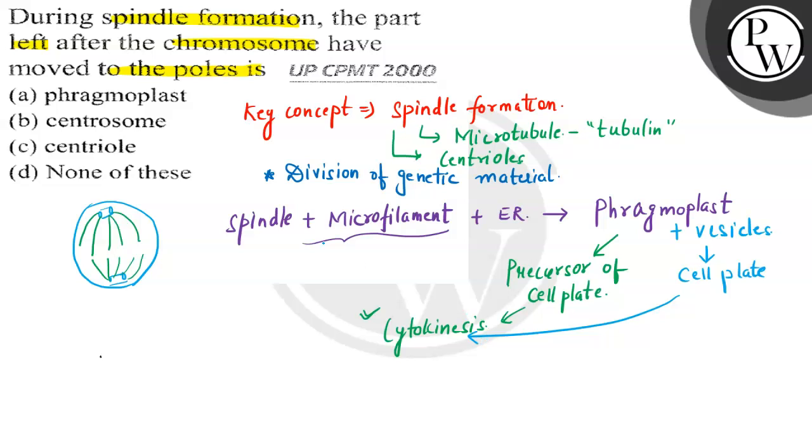So we saw that the leftover spindle part is basically getting converted into phragmoplast, which is helping in the process of cytokinesis.